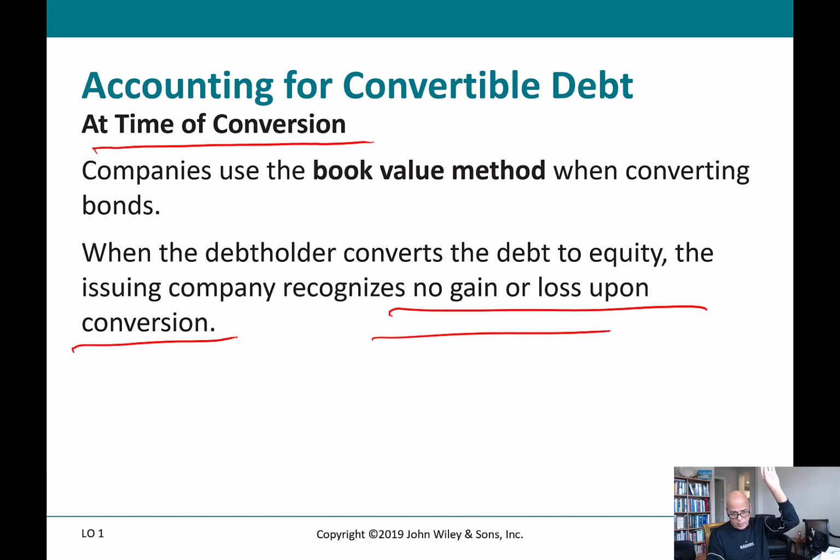There'll be a debit to the bond payable. Since there's a premium, there'll be a debit to the premium, to take that off the books. And then we will credit the common stock at par. Any difference between the carrying amount of the bonds at that point in time, which of course would be face plus any unamortized premium, is going to go to additional paid-in capital.